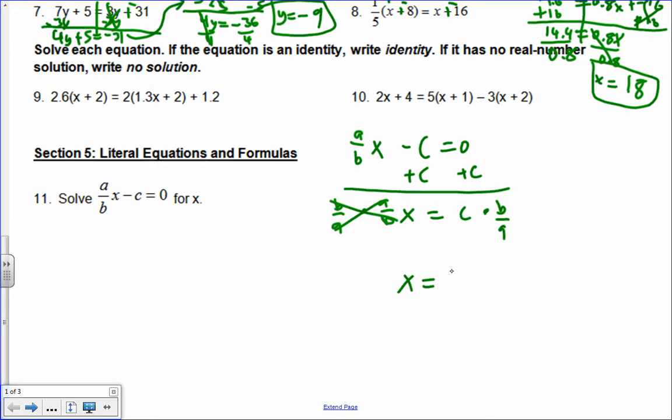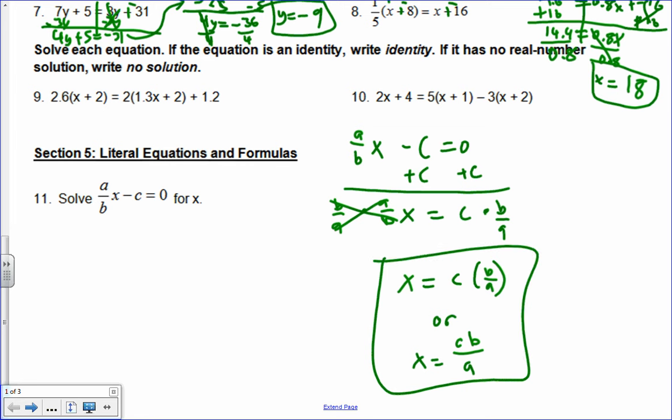So x equals c times b over a. You can leave it like that if you want. Or if you wanted to make this into a fraction, it'd be c over 1, and then you multiply straight across, and you could say x equals c times b all over a.